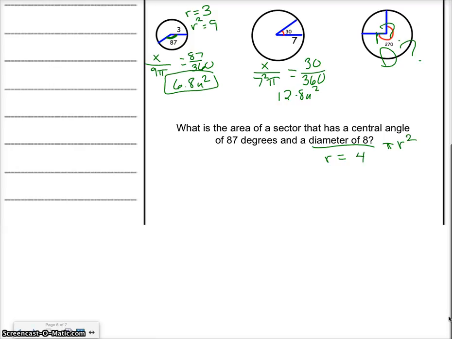So my radius is 4, so it would be part of my area is to my full area, 4 squared pi, as 87 degrees is to the full 360. And don't forget that 4 squared is 16. It is not 8. So it's x over 16 pi as 87 is to 360. Learning target done.